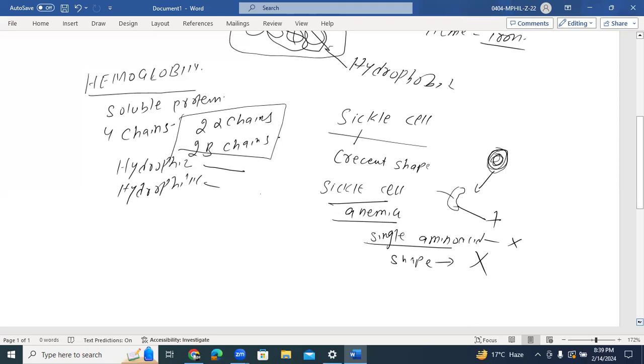If anybody asks how sickle cell anemia is caused in an organism, you can say hemoglobin has four chains, 2 alpha and 2 beta. There is a change of a single amino acid at the beta chain, because of which the globular structure of the hemoglobin is converted into a crescent shape, which will not be able to perform its function.